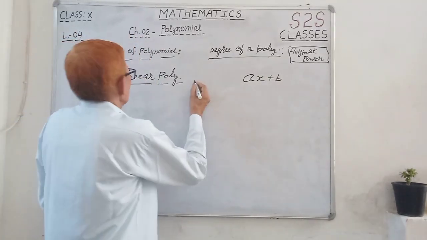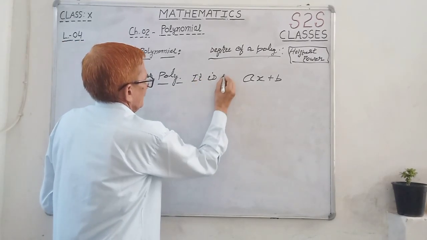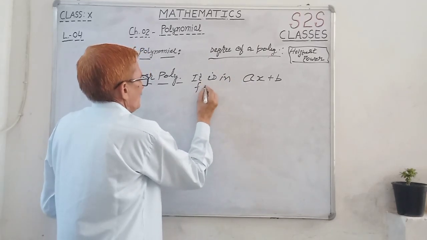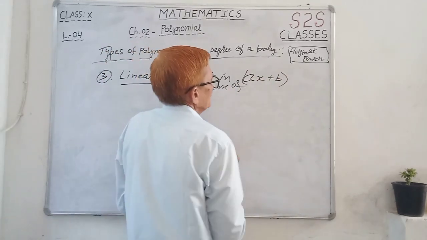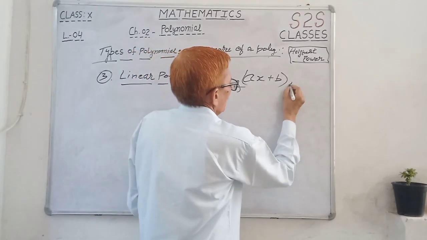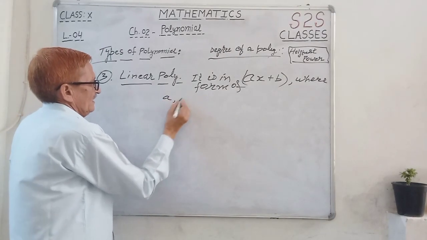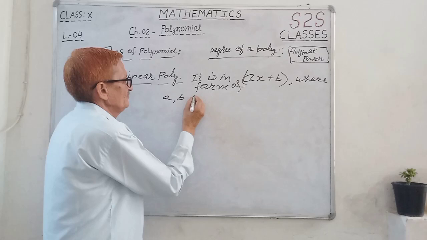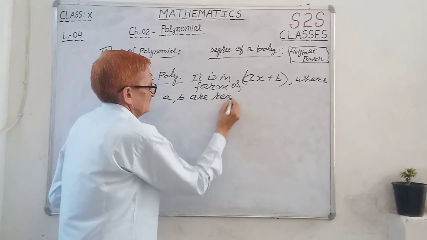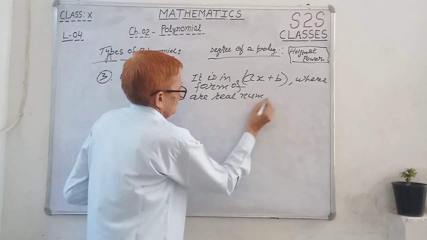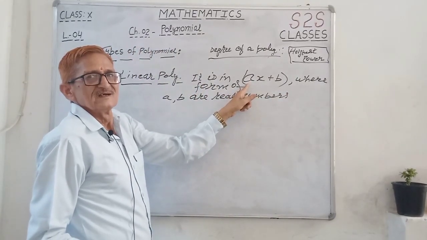So here we can say a linear polynomial is in the form of ax plus b, where a and b are real numbers, but a should not be 0.